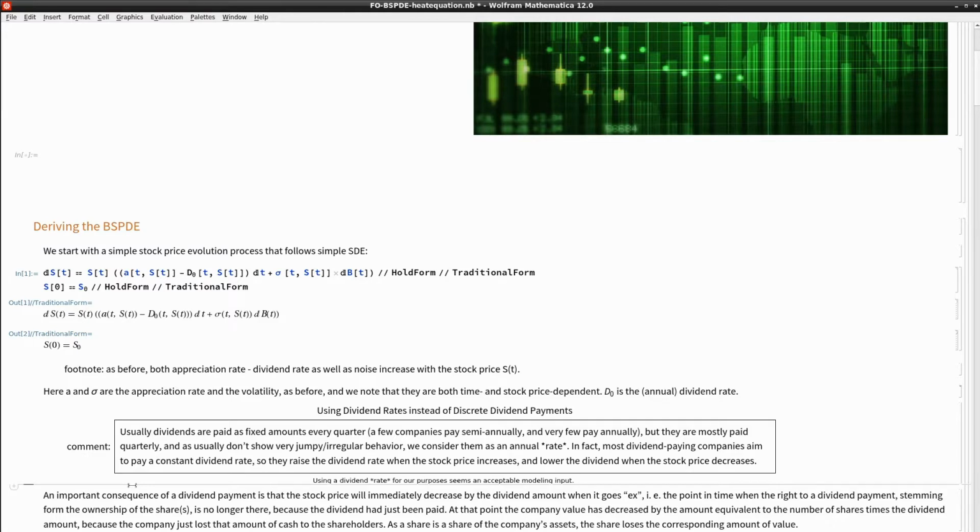Dividends are, of course, not paid as a rate. Dividends are paid in fixed, usually predetermined time intervals, such as monthly, quarterly. Some companies pay semi-annually. Some pay annually, but mostly dividends in the United States are paid quarterly.